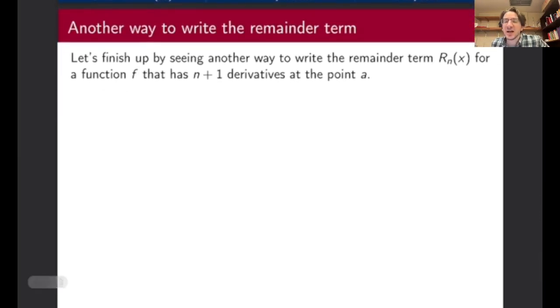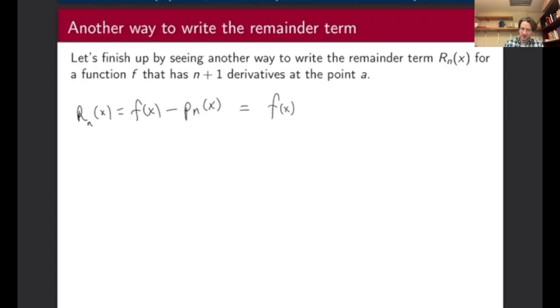So let's look at another way to write that remainder term. It just looks like Rn of x equals f of x minus the nth degree Taylor polynomial, which looks like f of x minus the sum k equals 0 to n of the kth derivative of f at a over k factorial times x minus a to the k.